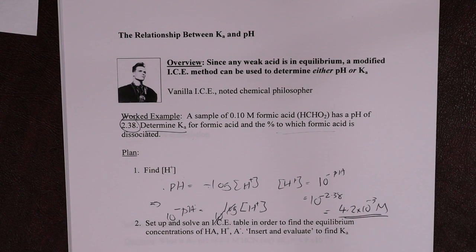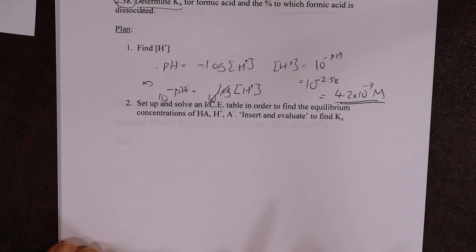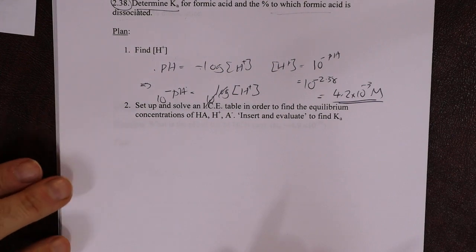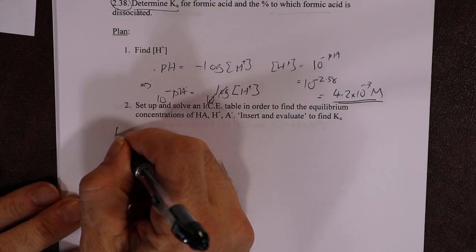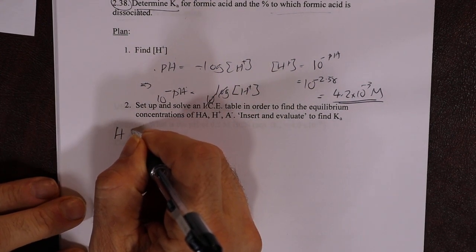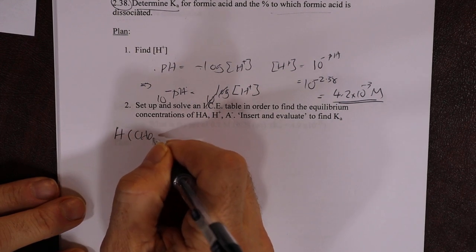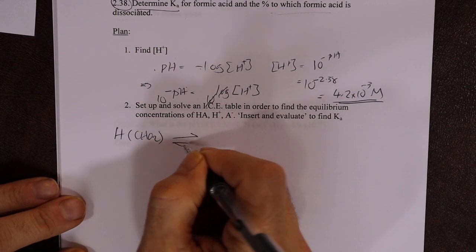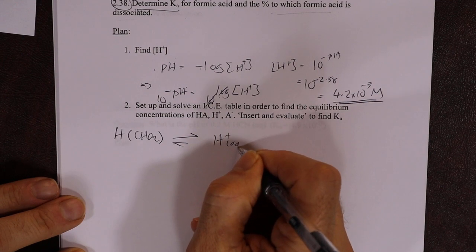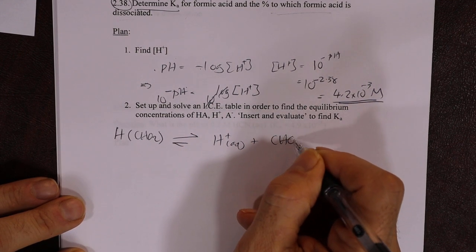Now, if you remember our classic way of doing an ICE table, I'll set it up in the classic way. So acid in equilibrium with its dissociation products.